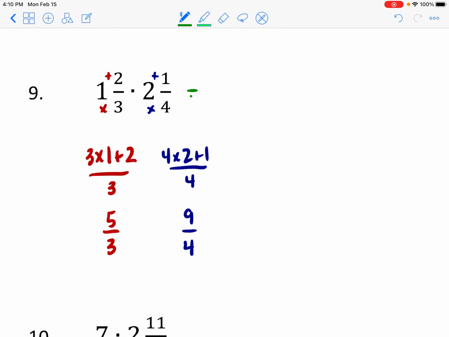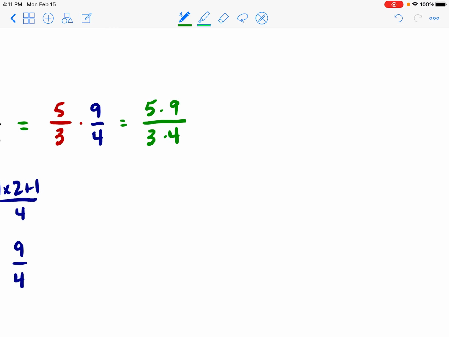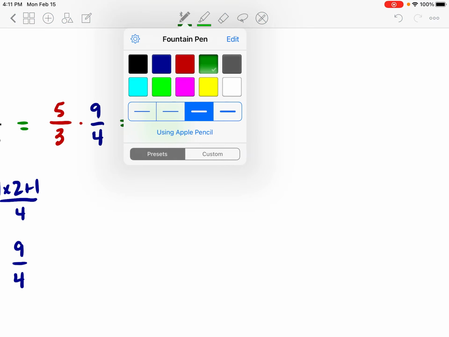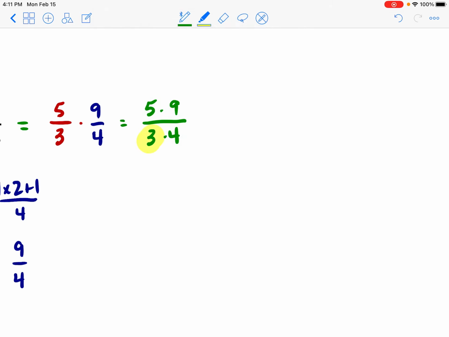So this is going to be the same thing as multiplying 5 over 3 and 9 over 4. So we are looking at 5 times 9 in our numerator and 3 times 4 in our denominator. Now I can see a common factor of 3 here, so I'm going to rewrite my numerator as 5 times 3 times 3.